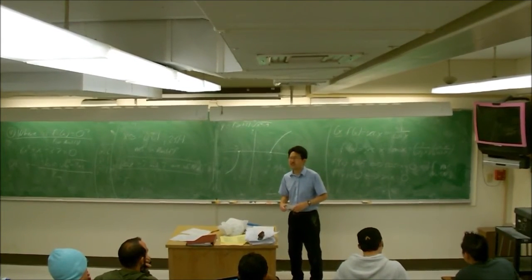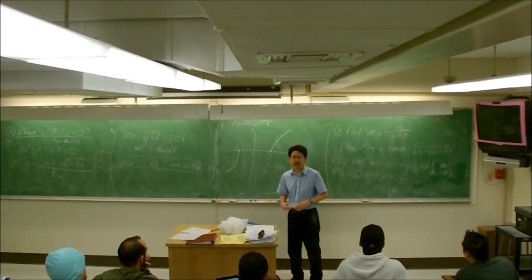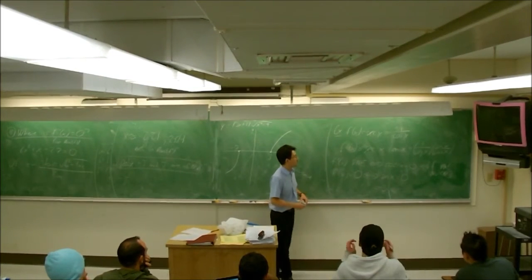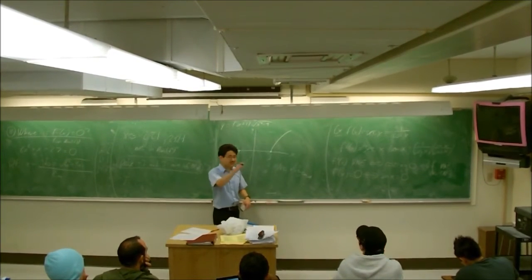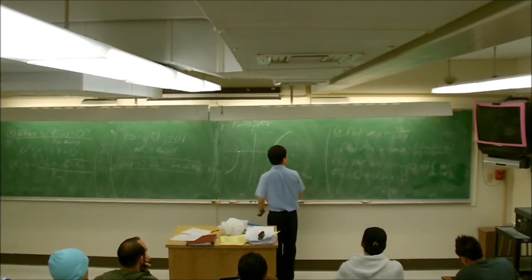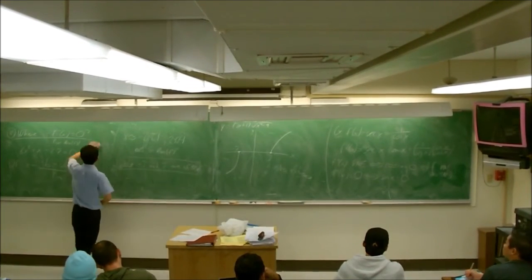Wait, doesn't sine squared x plus cosine squared x equal 1? Can sine of x and cosine of x be 0 at the same time for the same x? No. For example, the origin is not on the unit circle. Now this one you have to solve. Sine of x equals 0. Let's solve that.